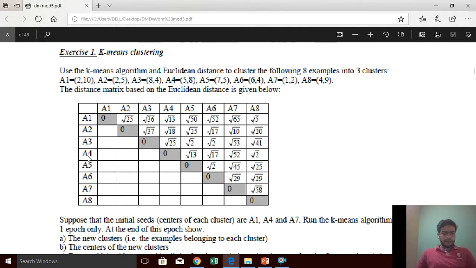Then I need to calculate A3 also: whether A3 is nearest to A1, or A4, or A7. Based on the smallest distance, it belongs to that particular cluster. So if A3 is nearest to A4 compared to A1 and A7, then it belongs to cluster A4.